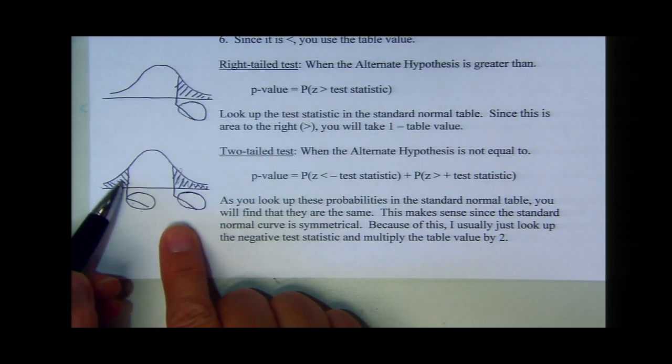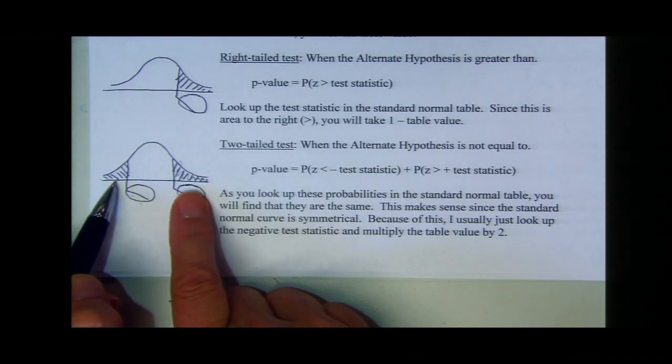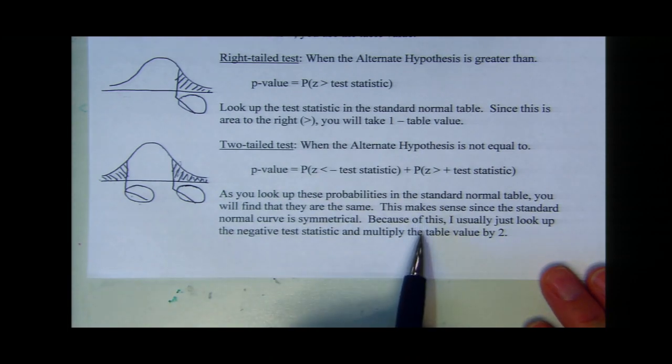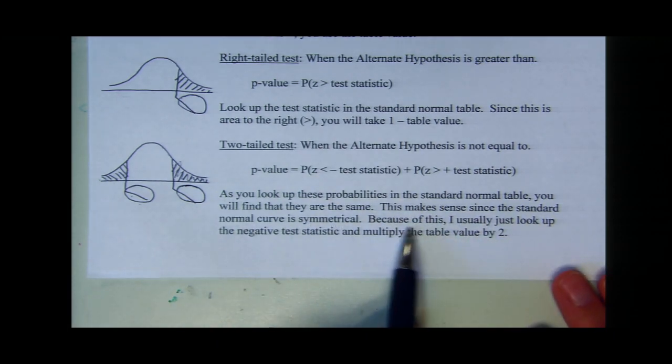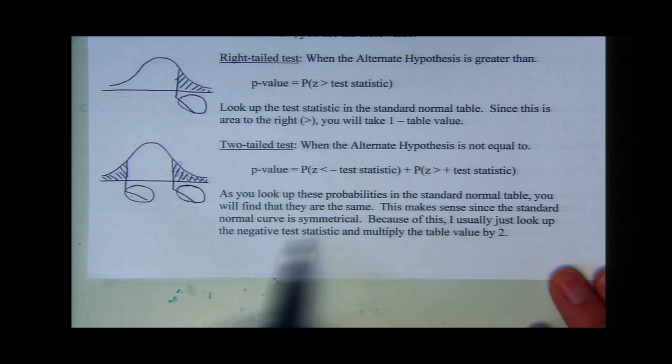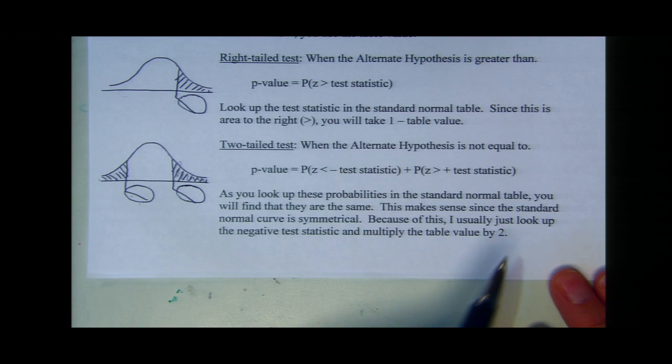So this area and this area are going to be the same amount, which makes sense since the standard normal curve is symmetrical. Because of this, I usually just look up the negative test statistic and multiply the table value by 2. Again, we'll do an example of this so you'll get to see it actually completed.